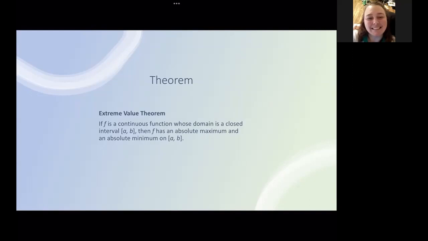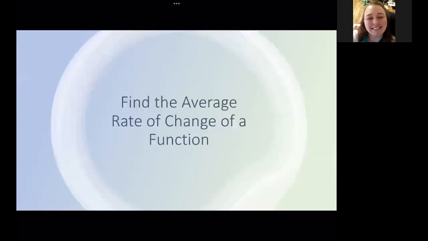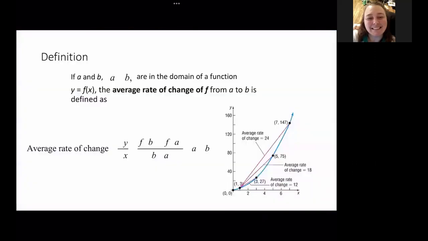Okay. Last but not least, let's take a look at how we find the average rate of change of a function. And these are all related because your rate of change is going to be related to whether it is increasing or decreasing and how fast you're actually doing that increase or decrease. Now we have a definition here. Don't freak out on me, okay, please.